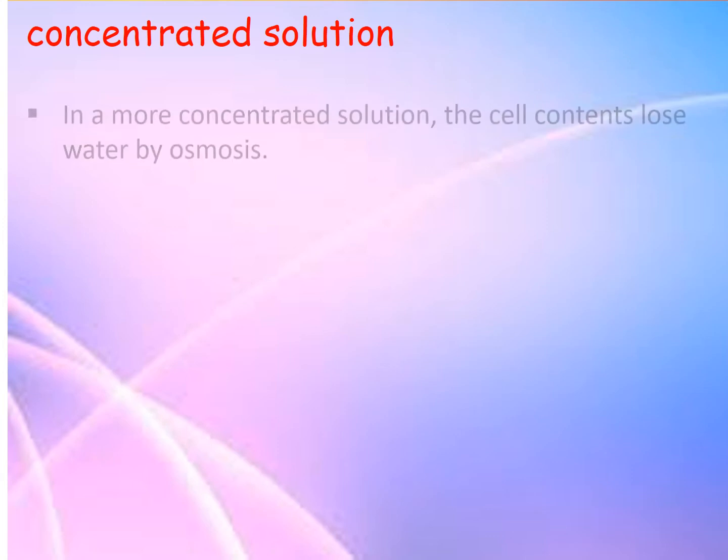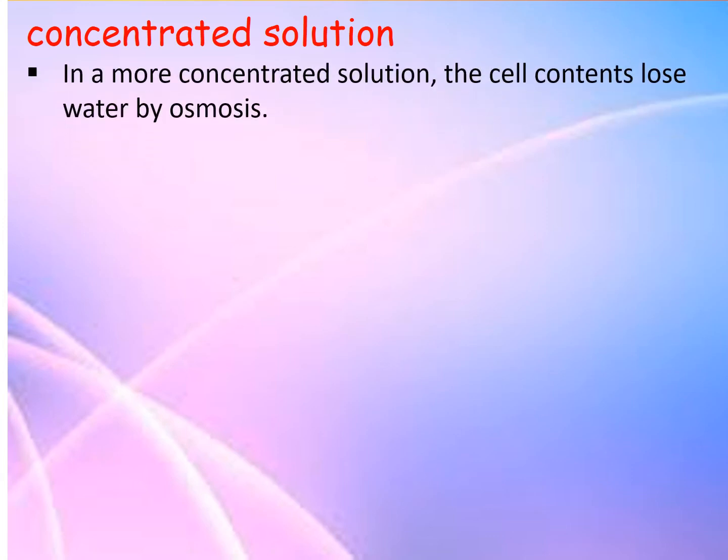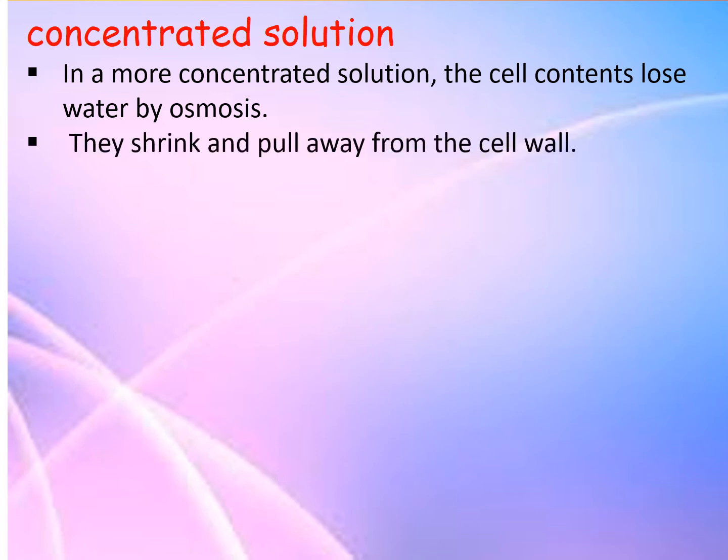On the other hand, children, if the cell is placed in a concentrated sucrose solution that has a lower water potential than the cell contains, what will happen? In a more concentrated solution, the cell contents lose water by osmosis and they shrink and pull away from the cell wall.